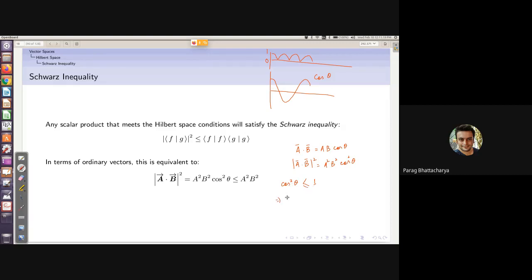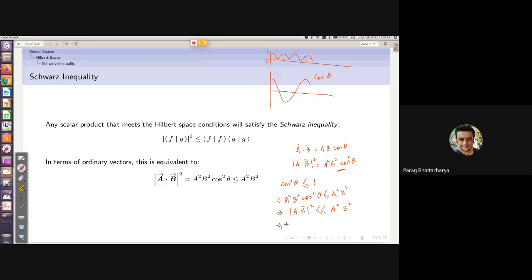So if cos squared theta is less than or equal to 1, multiply both sides with a squared b squared. Then a squared b squared cos squared theta will also be less than or equal to a squared b squared. And what is a squared b squared cos squared theta? This is nothing but (a dot b) whole squared, and this will be less than or equal to a squared and b squared. And this we already know.